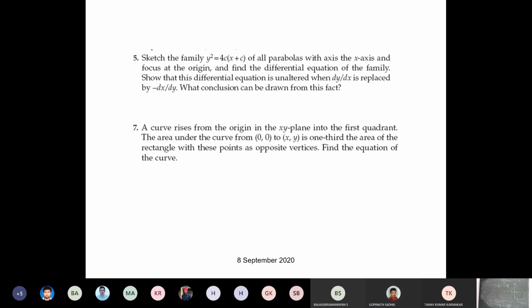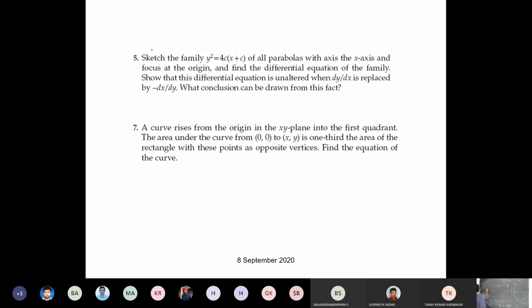You simply divide throughout by that. Yes, this is the previous equation. You divide throughout by (dy/dx) whole square. I think you are going to get this. Or if you divide by (dx/dy) whole square, that means you are multiplying it by (dy/dx) whole square, right?